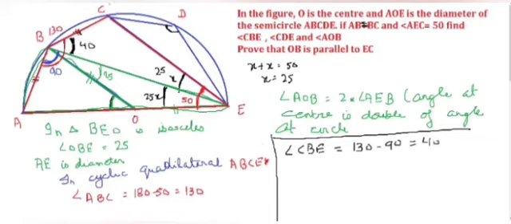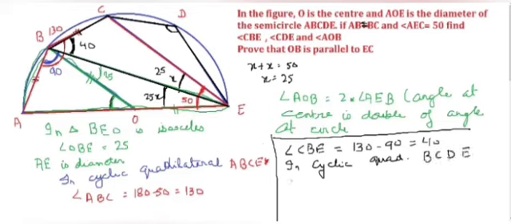Now I am taking another quadrilateral here, this black quadrilateral. So in cyclic quadrilateral BCDE, now we can find out angle CDE.